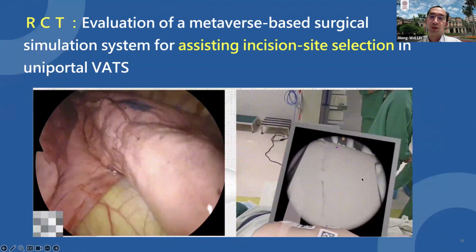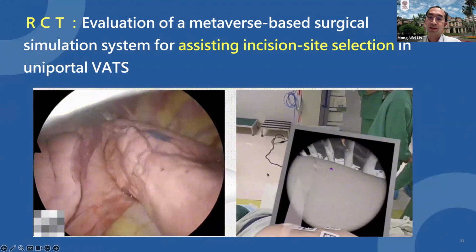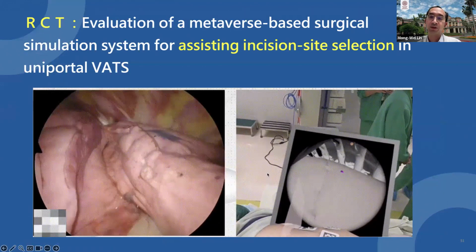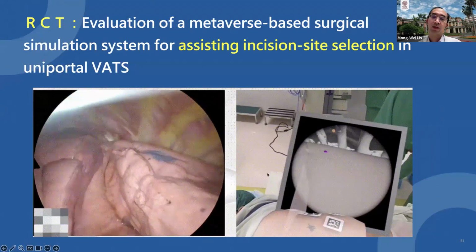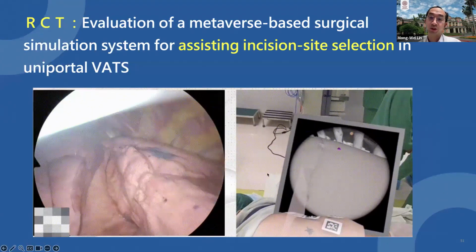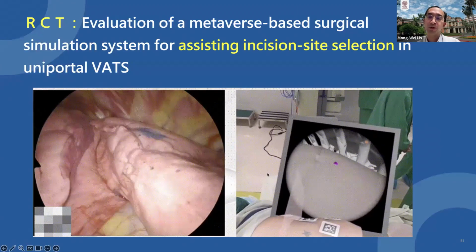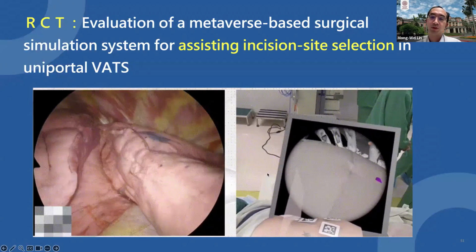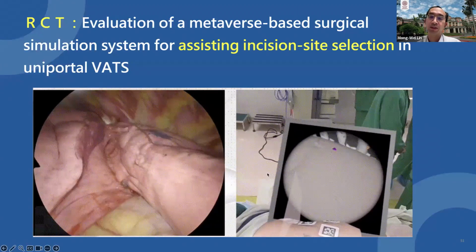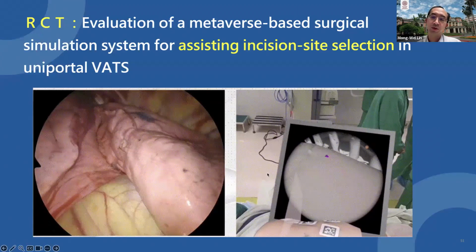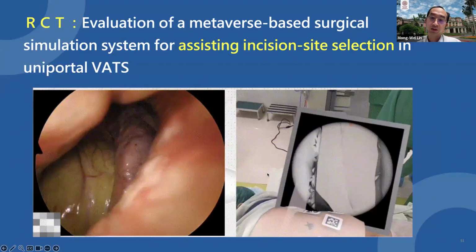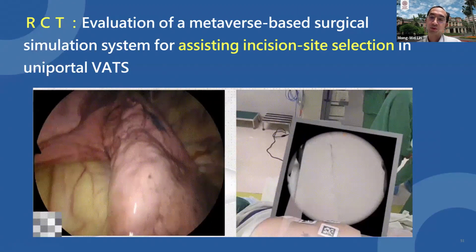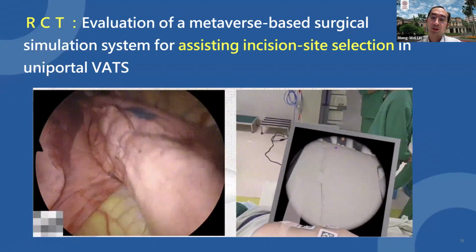So in the second trial, we use the XR system to assist the CT-guided localization of pulmonary nodules, mainly to reduce repeat scans, reduce radiation exposure, and speed up the procedure. We plan to enroll 20 patients, and so far the localization error is just around 6 to 7 millimeters. I think this range of error is quite acceptable for sublobar resection.